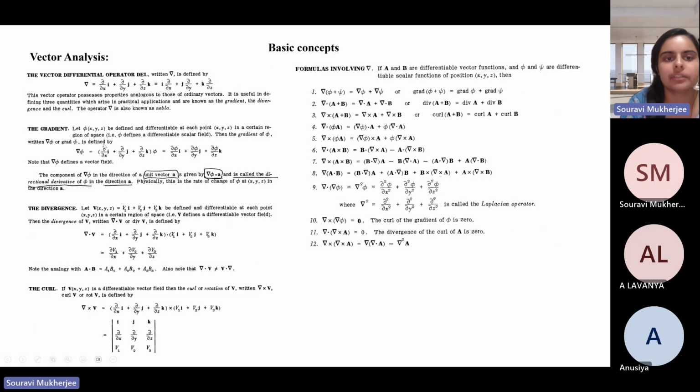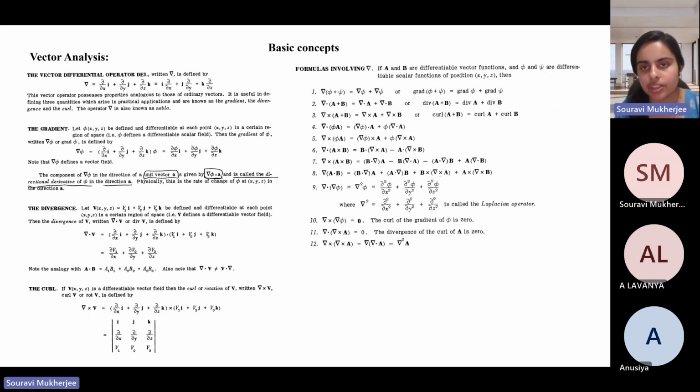If you have a scalar field, suppose phi, which is a function of position x, y, and z, and it's a differentiable scalar quantity, you can define the gradient of phi. This is how it looks. The gradient of phi is a vector, and the direction of the vector tells you the direction of maximum change.